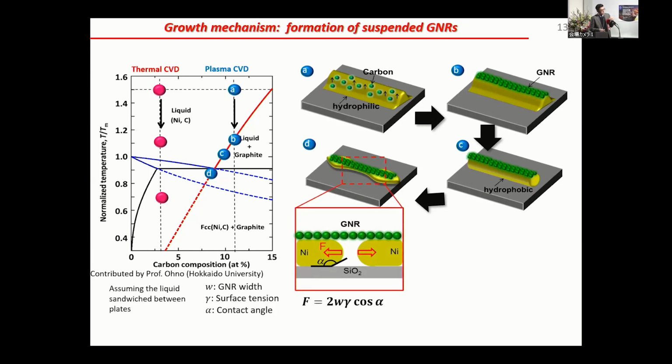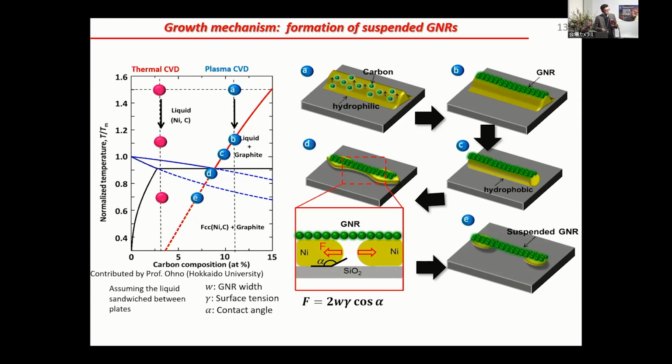Once it drops into two pieces, capillary force happens in opposite directions. That's why the particles move to each side of the electrode, and finally a suspended graphene nanoribbon can be formed like that. So this is the mystery of what's really going on in the change from nanowire to graphene nanoribbon.